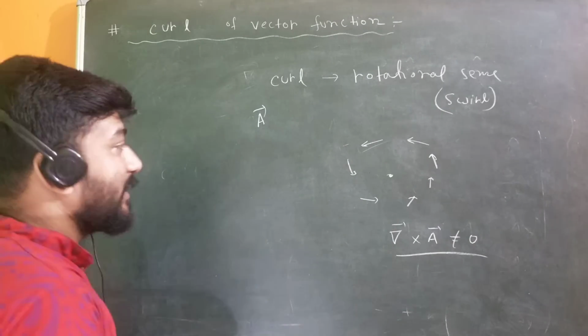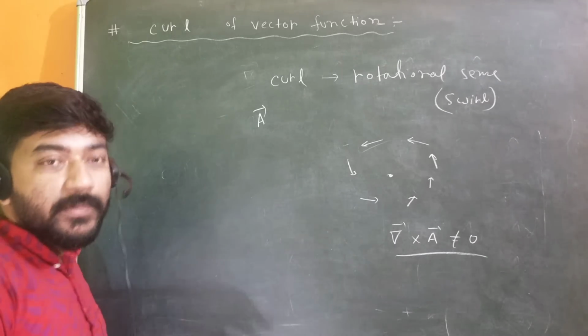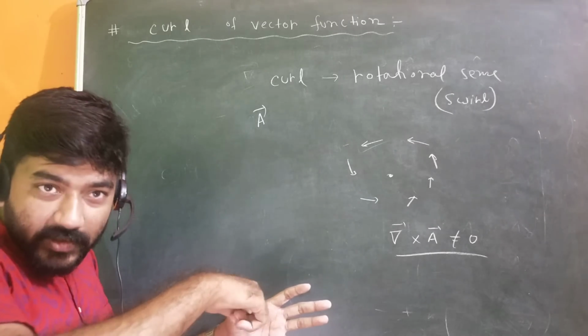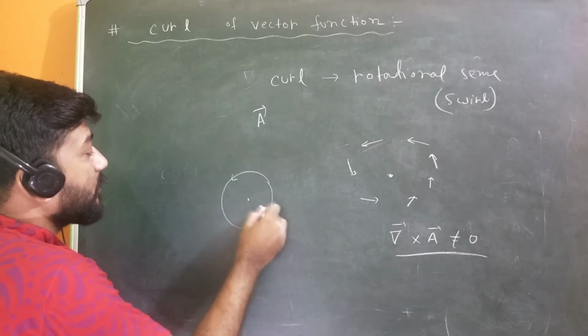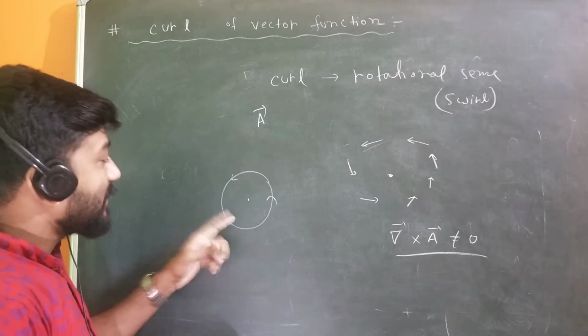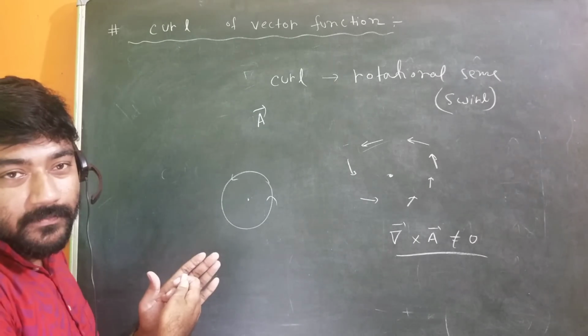You can again take the example of liquid. If you have a pot or a bucket like this, and the liquid is rotating about some point, then there is a rotational sense of the liquid, and in that case there is no source or sink.